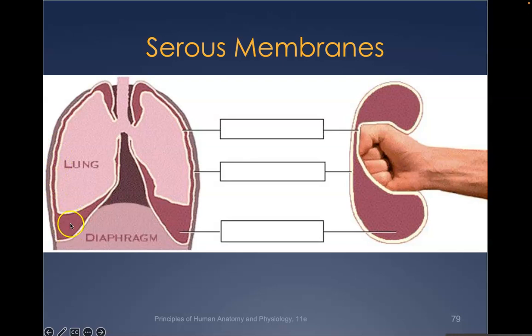And then the space in between is called the pleural cavity, and it's filled with serous fluid. So picture this just like here: this inner layer is the visceral pleura, the outer layer is the parietal pleura, and here is the pleural cavity with the serous fluid in between.